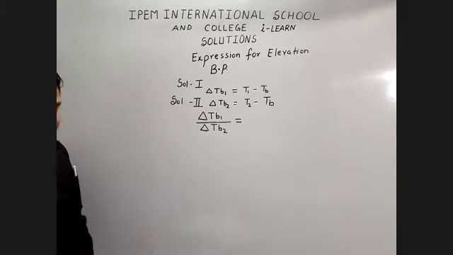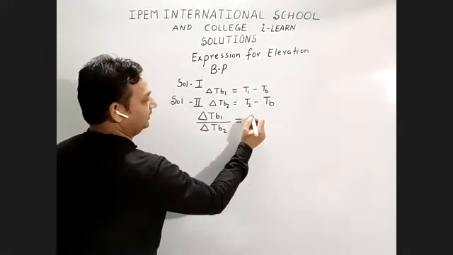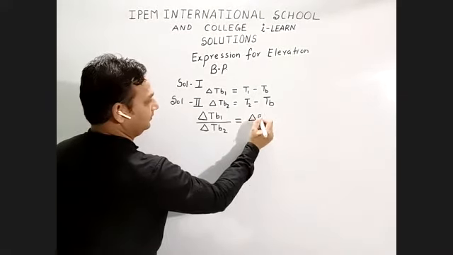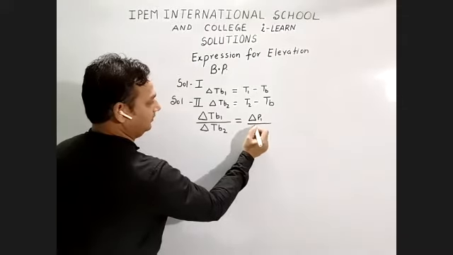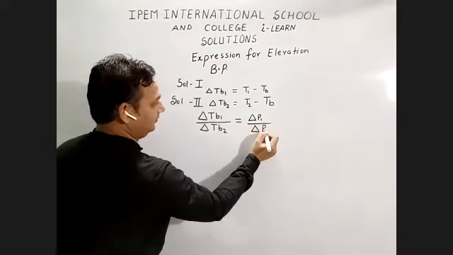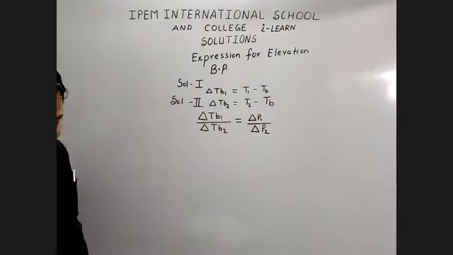Delta TB1 upon delta TB2 is equal to delta P1 upon delta P2.